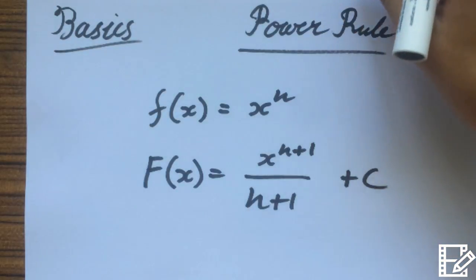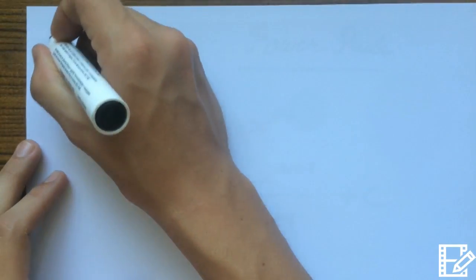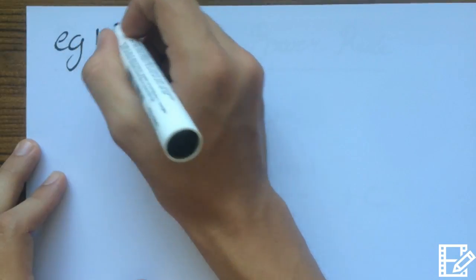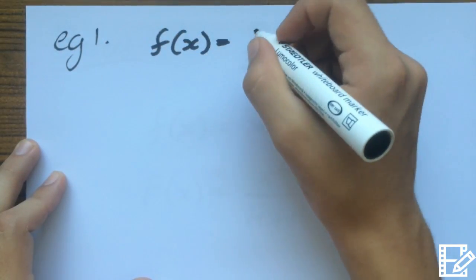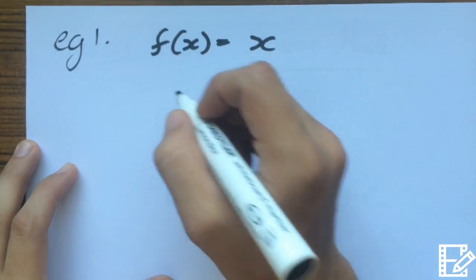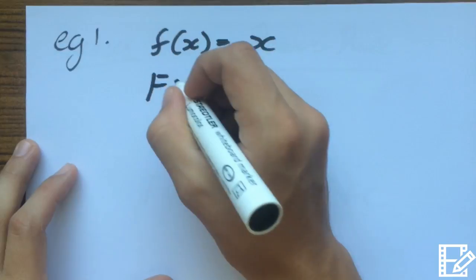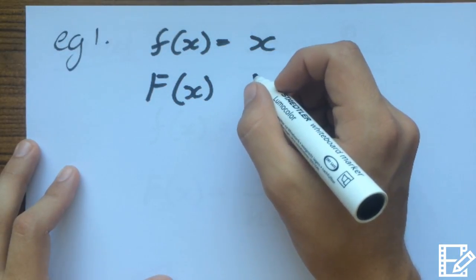Okay, so I'll start with an example to help with that. Let's say we have f(x) equals x. That was something simple. We use a capital F to show that we're finding the integral.